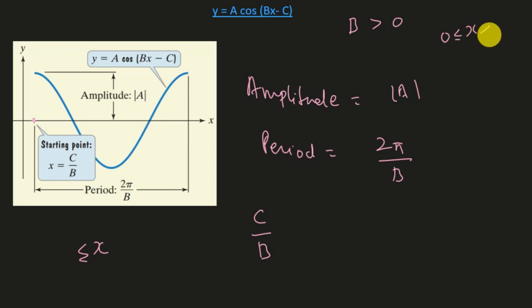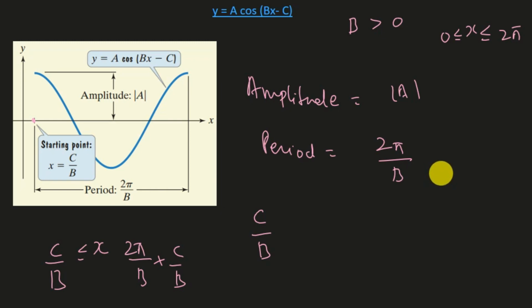But now since there is a phase shift, x will start from C by B and then it will end at 2 pi by B plus C by B. If you see, the period would be 2 pi by B, right? So this was one more variation similar to the one that we discussed for the sine curve.